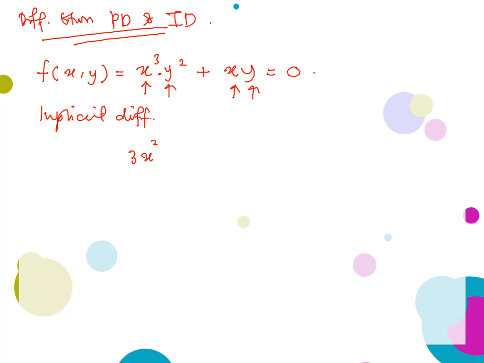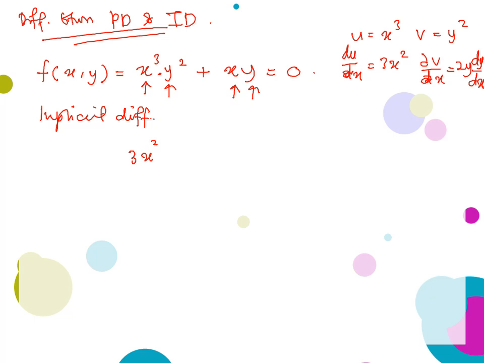So you have u equal to x cubed, v is equal to y squared. So du dx is 3x squared, while dv dx is 2y dy dx.